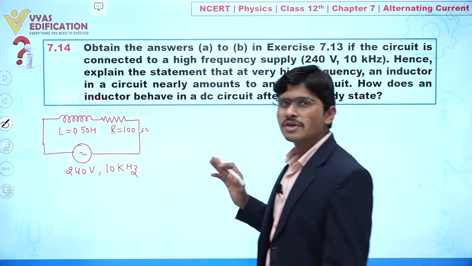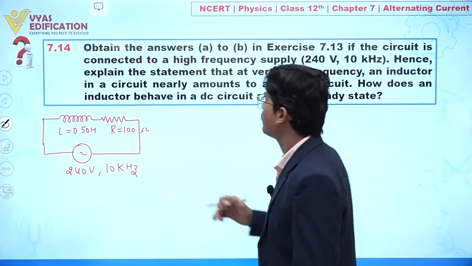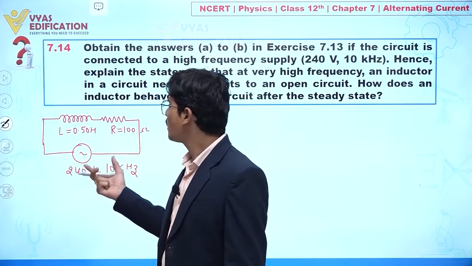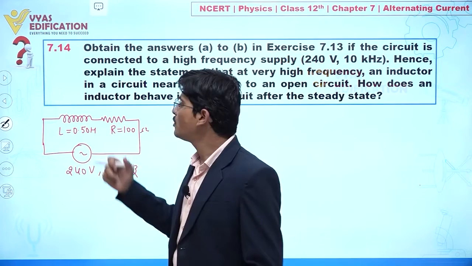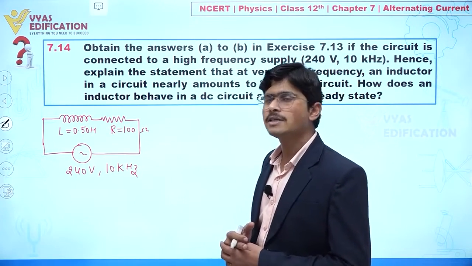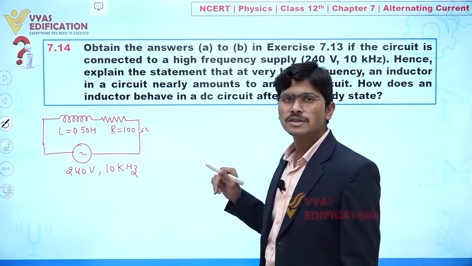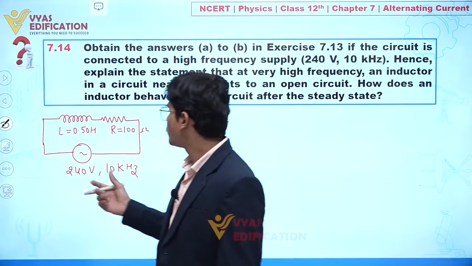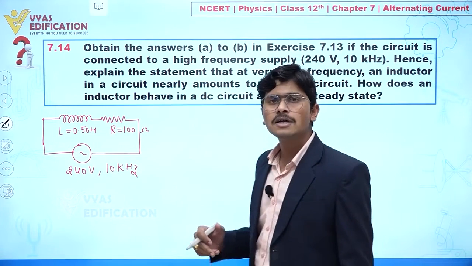Clear? Now in example number 7.13, this is given to you as information. We have connected an inductor and a resistance, both in series. The value of inductance given to you is 0.50 Henry, and the value of R is 100 ohm. It is also given that it is connected to a supply of 240 volt and 10 kilohertz.